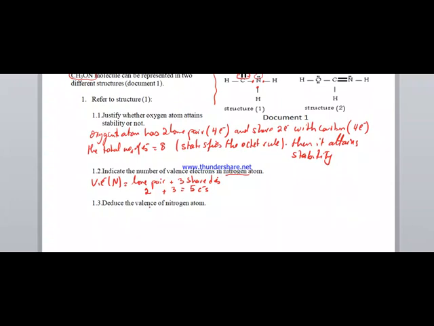Deduce the valence of the nitrogen atom. Since it has 5 valence electrons, it needs 3 electrons to satisfy the octet rule.